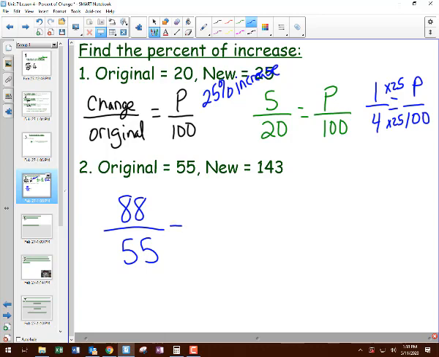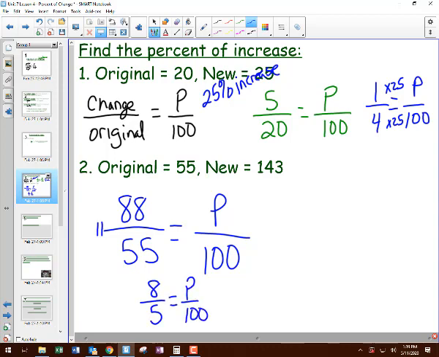Okay, and so as we set the P and the 100 over here, we're set up in our proportion. Here again, we're going to want to reduce to make our lives easier. 11 goes into both of these, so we're going to have 8 over 5 is equal to P over 100. Now it's easy to find the rule. We could say 5 times what is 100.